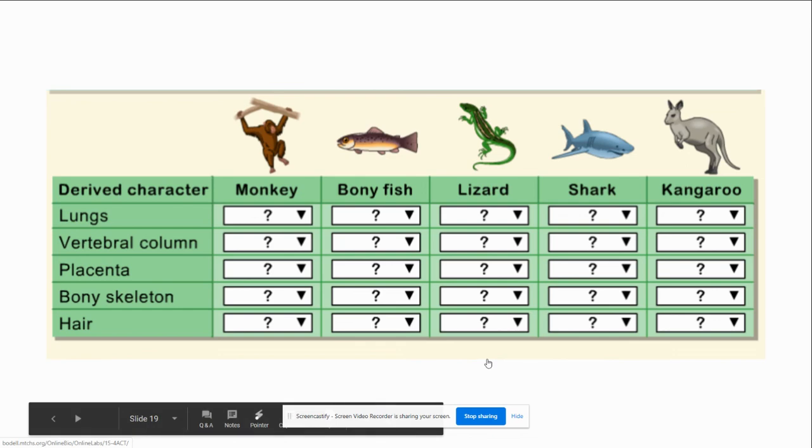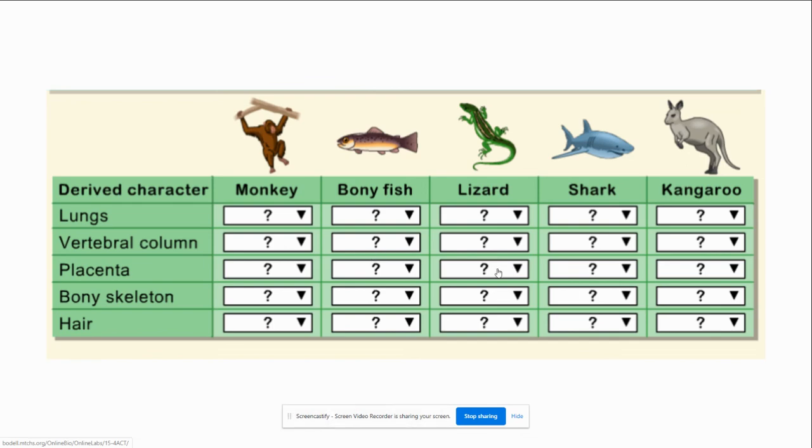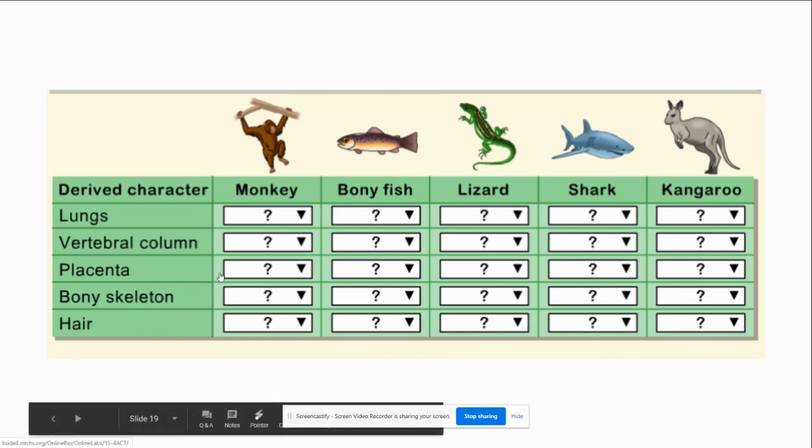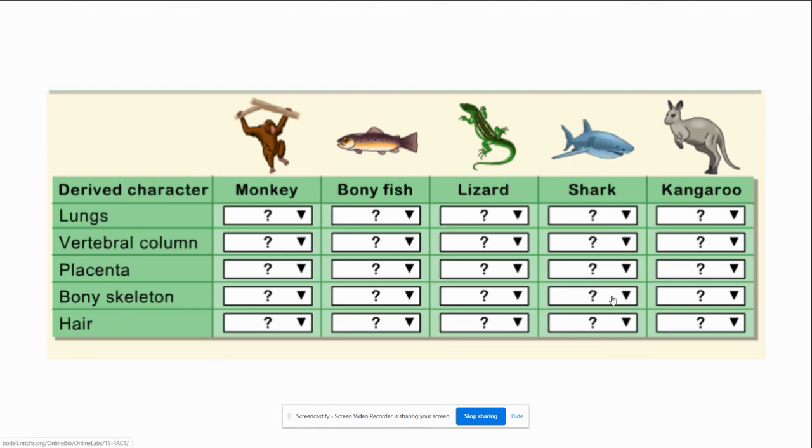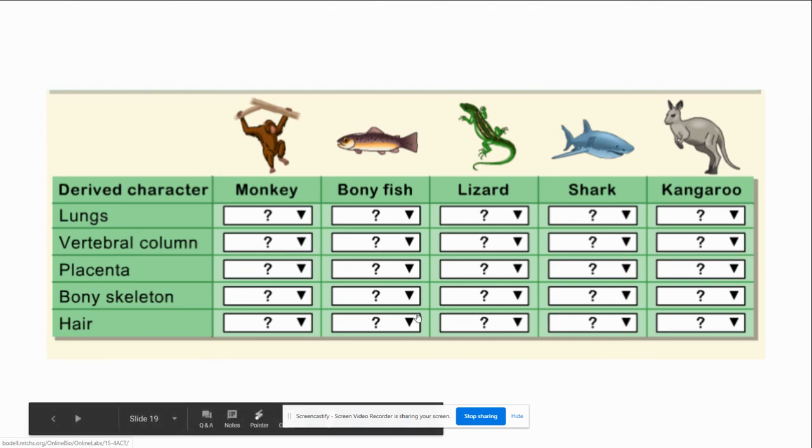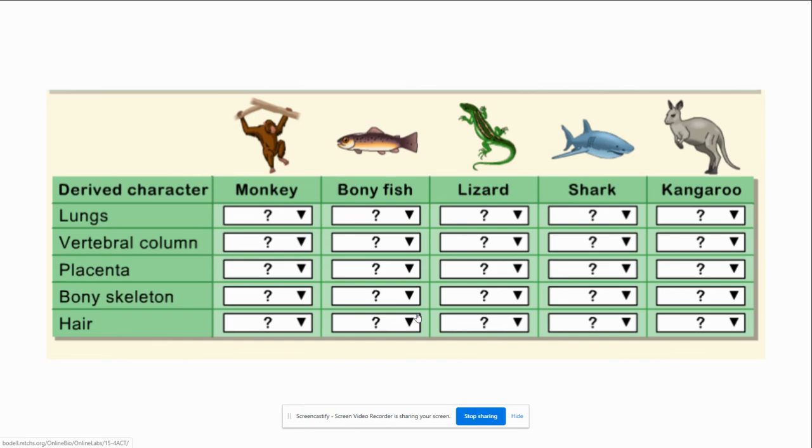So I'm going to stop this video here. Below this, you're going to see a link to this website. You just click here and there's a drop-down menu. It's a little finicky for each of these things. And after you look at it, it's going to see if you can develop a cladogram correctly for it. And then I'll walk you through it and make a separate video to see if you got it right.